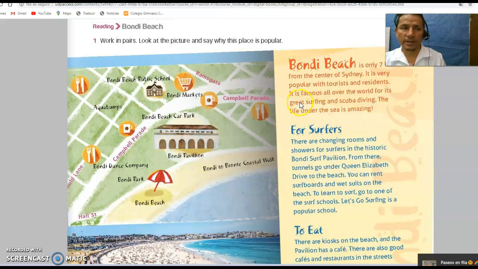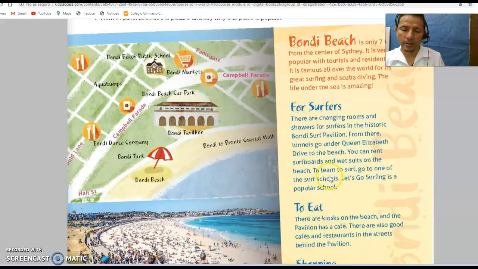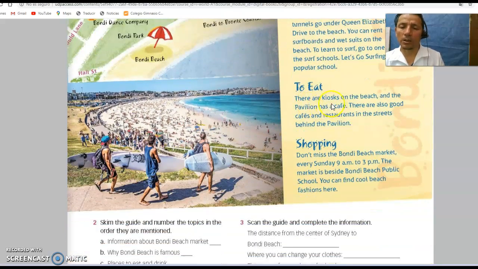Rent. Yes, rent. Let me see another. It's go. Go is a verb, so underline go. What else? Are.